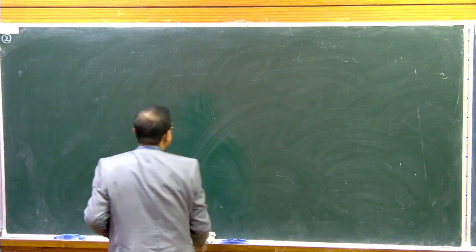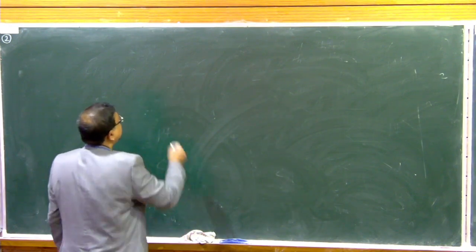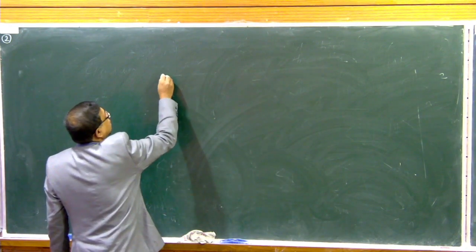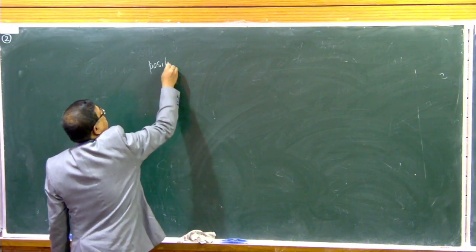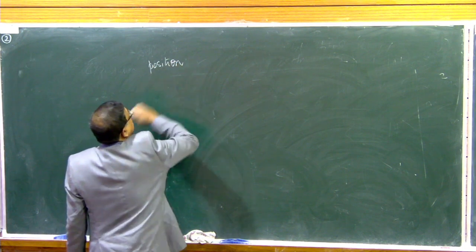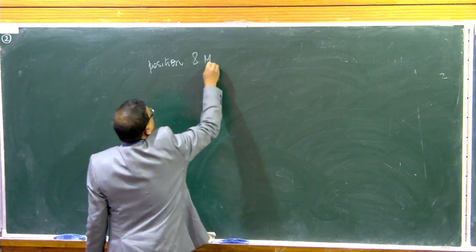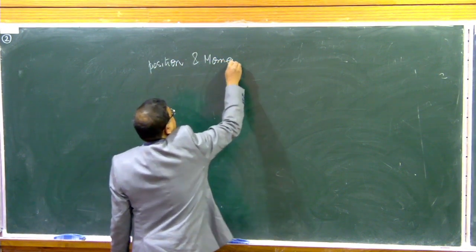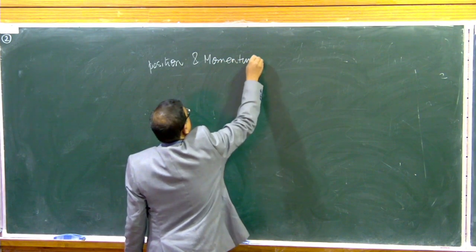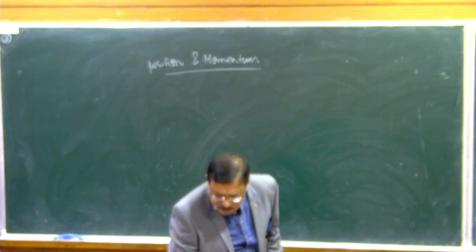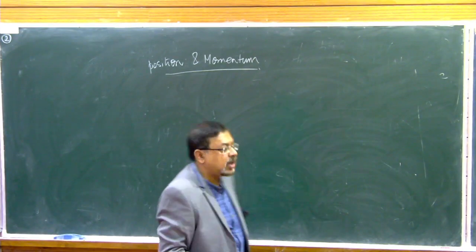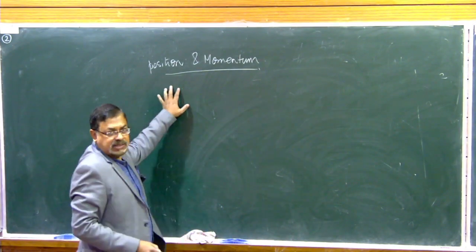So one of the things that are very important to know is that the position and momentum are the two very important observables in quantum mechanics, along with energy. Okay, we are not talking about energy now, but energy will come at some point.